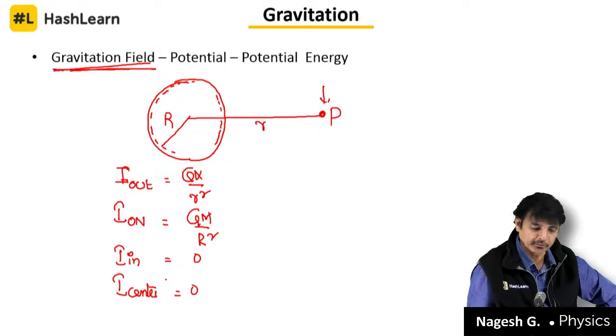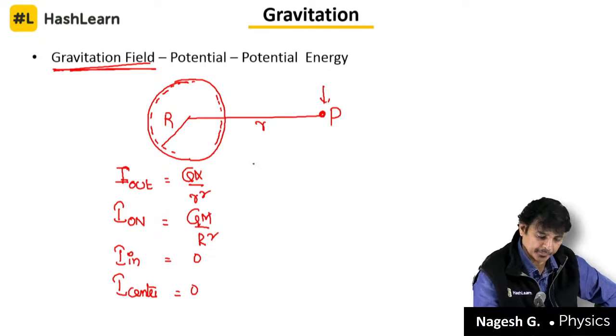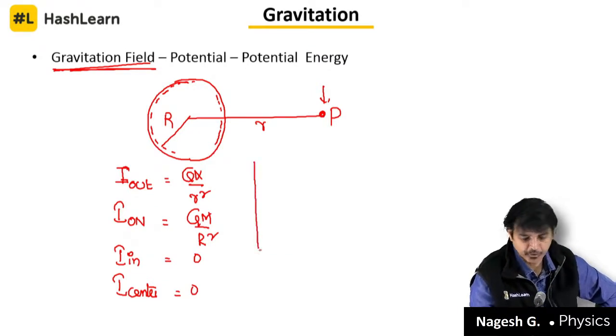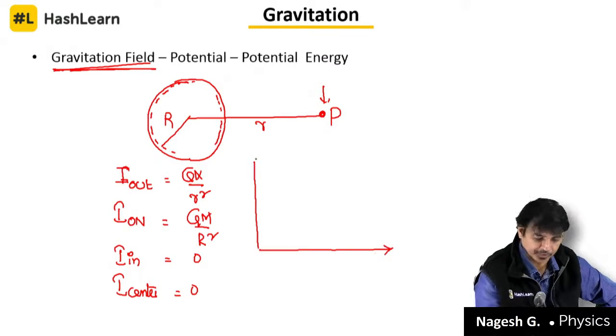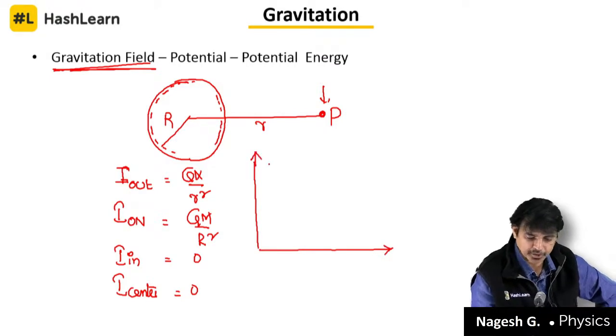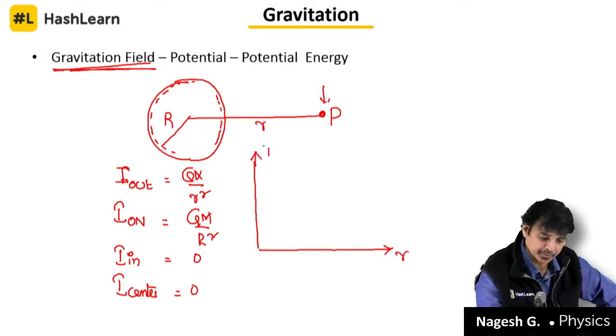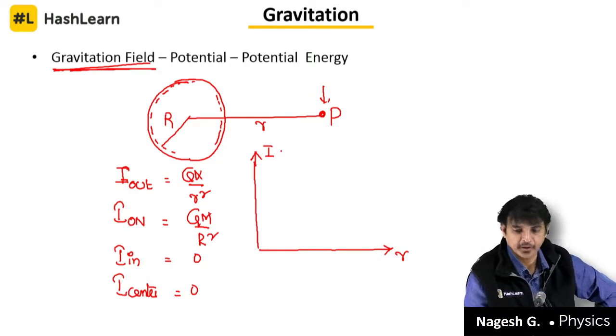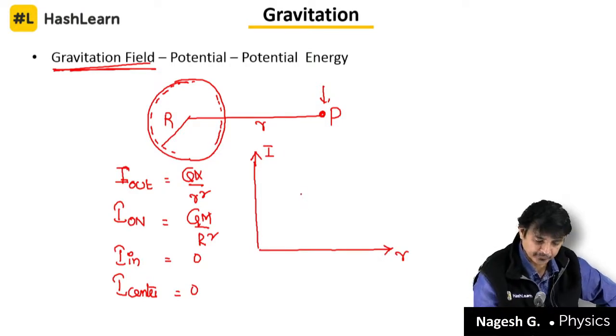So, totally when you observe this: GM by small r square, GM by capital R square, and inside, because of no mass, the field will be equal to 0. We can plot a graph taking I on the y axis and small r on the x axis.